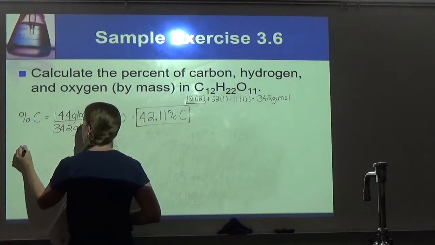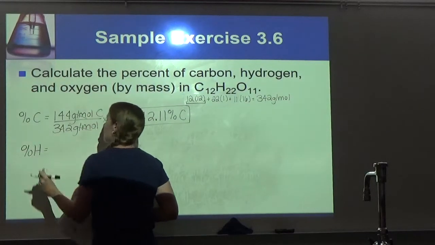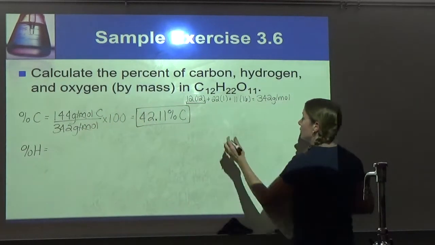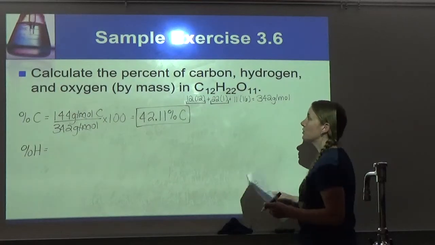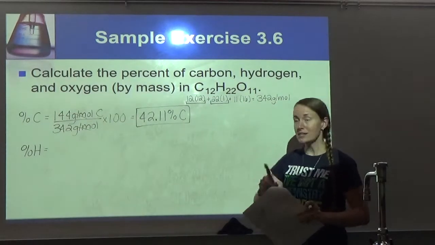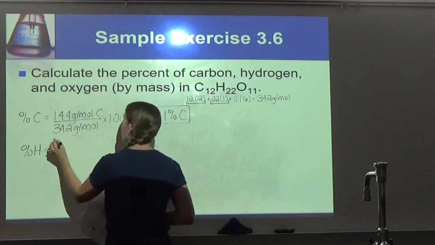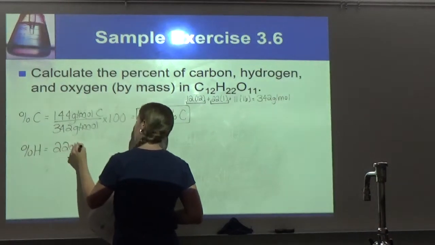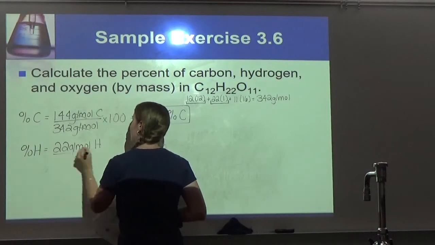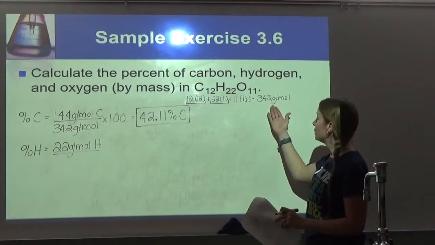So I'm going to do hydrogen next. So I do my mass of just hydrogen. So I have 22 hydrogens. They each have a mass of 1. So I have 22 grams per mole of hydrogen. And then I do that over the whole thing, which is 342 grams per mole.